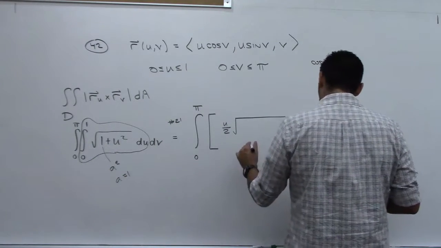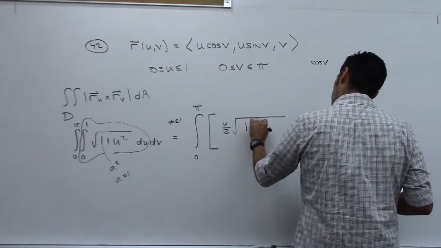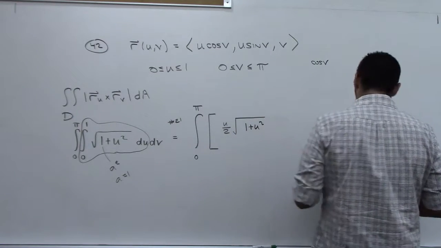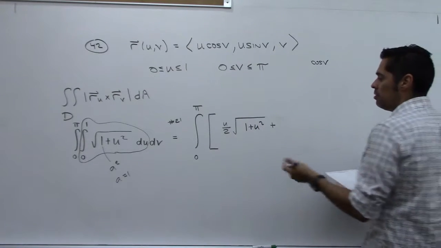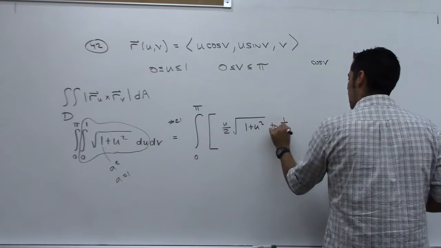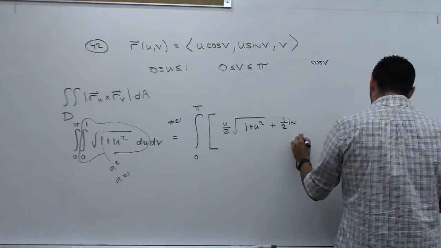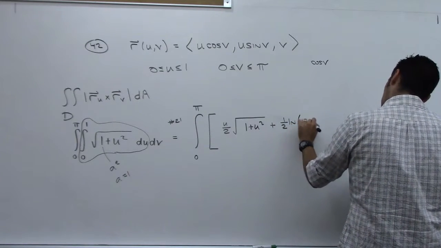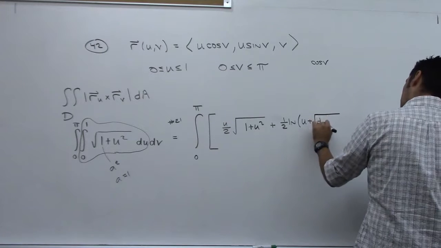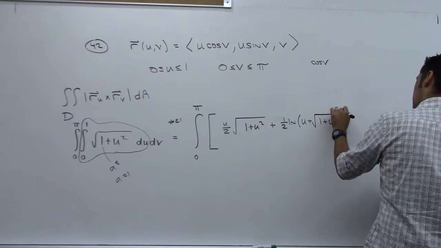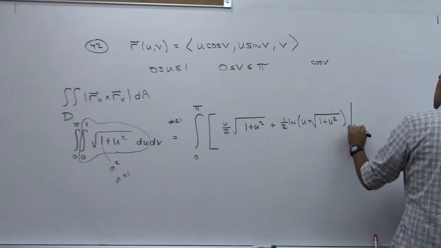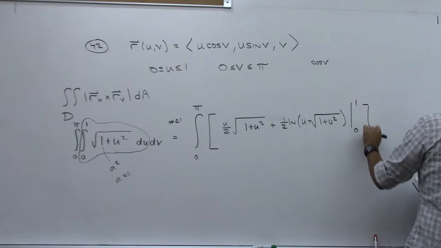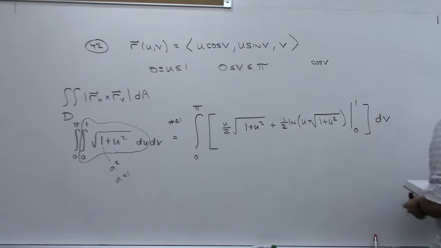So it's just going to be 1 plus u squared, plus, the formula says a squared over 2, remember a is 1, so that's just 1/2, natural log of u plus square root of 1 plus u squared, and that's it. And then we evaluate that between 0 and 1, dv would come next.